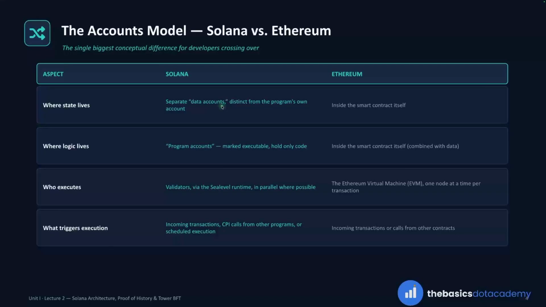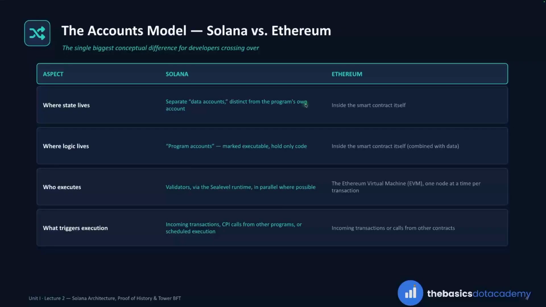In the case of Solana, it has separate data accounts. That means the state variables which you write inside Solana programs are stored inside a different account and not in the smart contract itself. These data accounts are distinct from the program's own account.